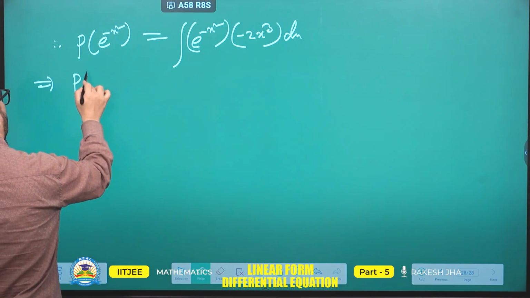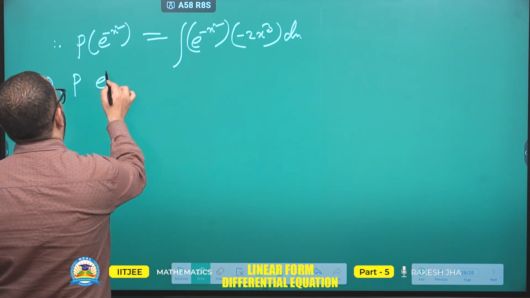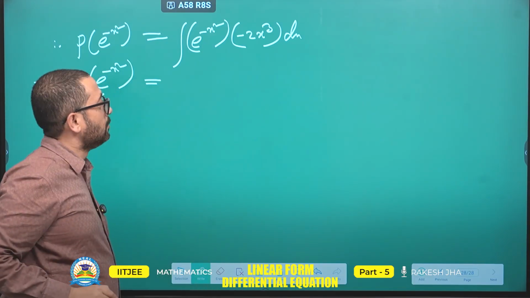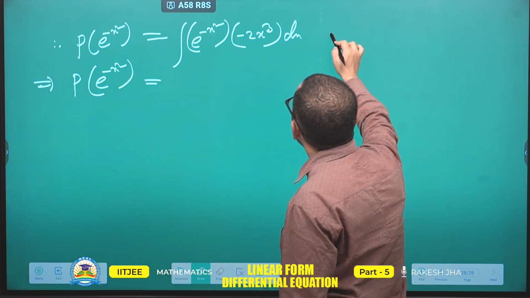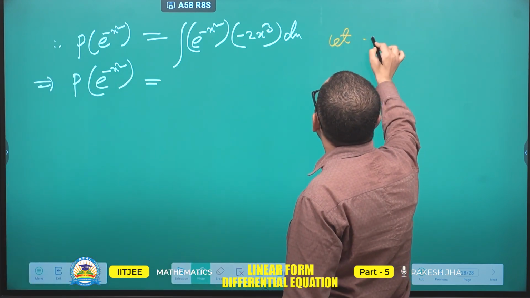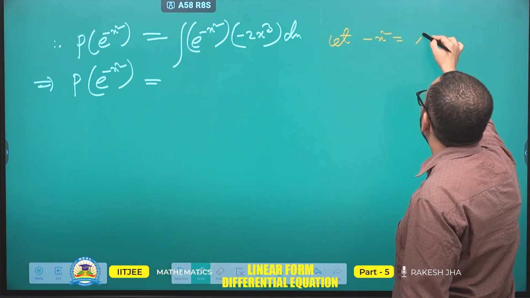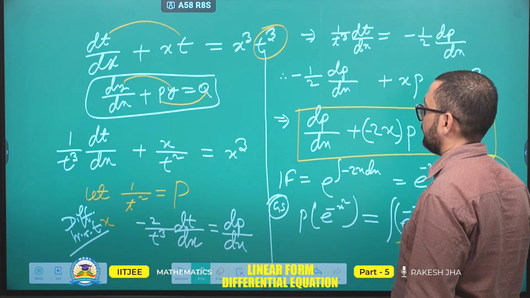Implies that p times e raised to the power minus x square is equal to, we can go for substitution here. So let minus x square be equal to, we can take here t is already taken. Let me see, we have taken t or not previously.